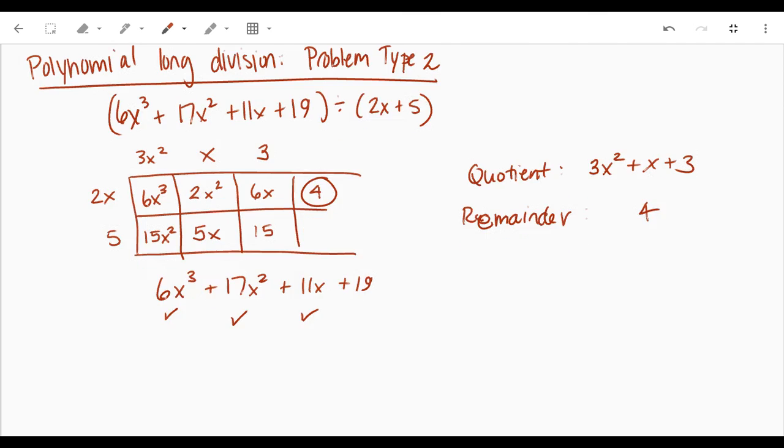We have polynomial long division type 3. They're just having you write your answer a little bit different here. And if you remember, we did this too in Algebra 2.